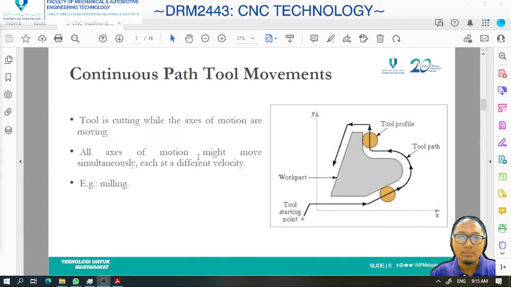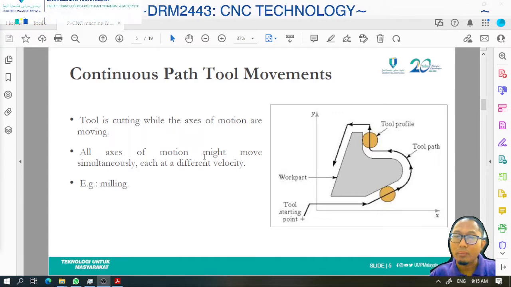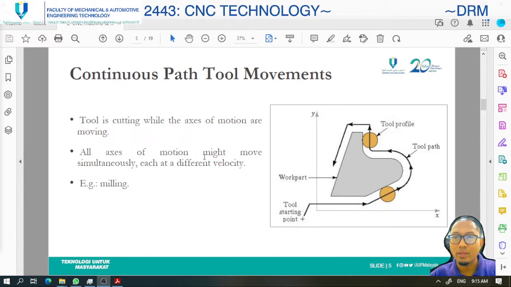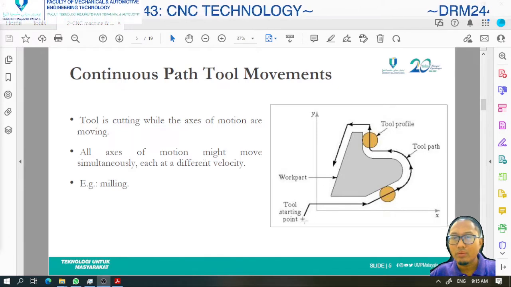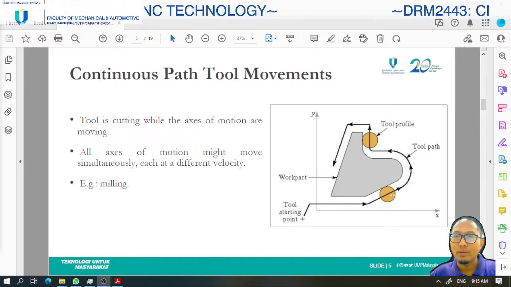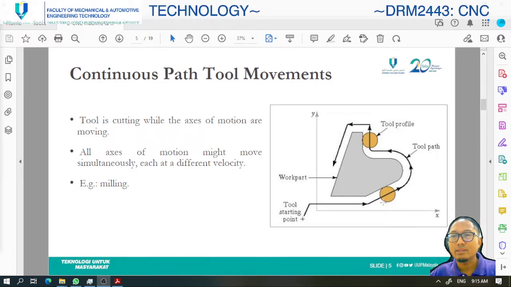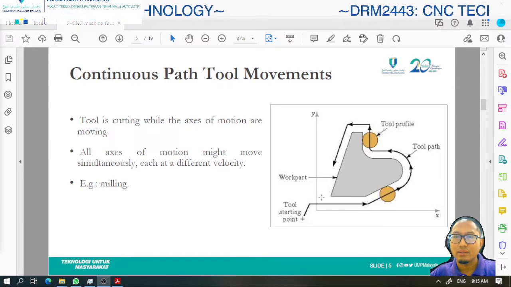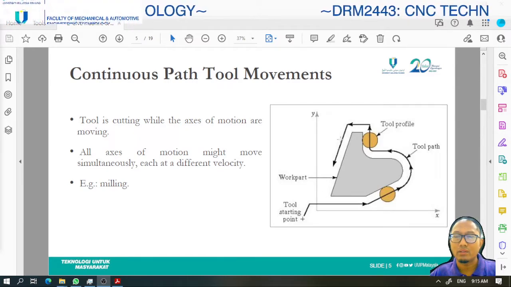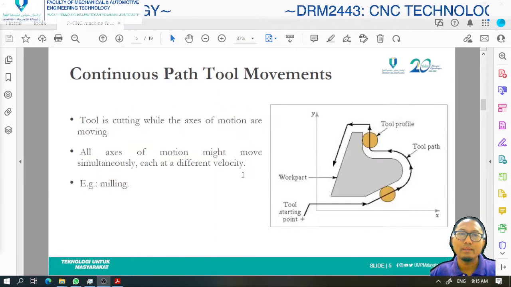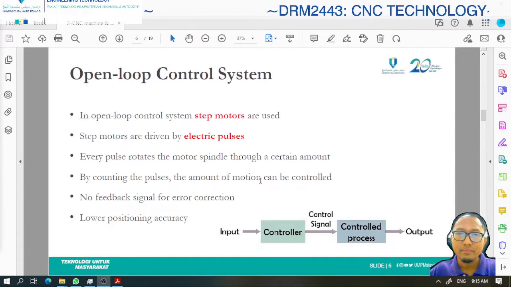All the axes of the motion might move simultaneously, each at different velocity. So we have the tool moving from the tool starting point along this contour, along this profile, while simultaneously spinning and cutting the part along the line. So we can see the difference between point to point and continuous path.